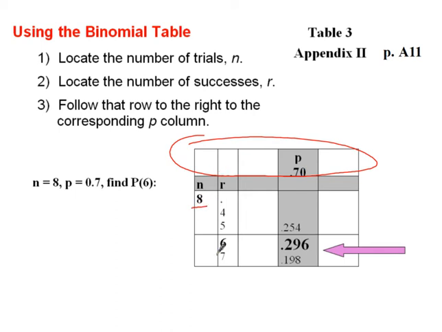Now there's going to be 9 of them because it's going to go from 0 successes, 1 success, 2, 3, 4, 5, 6, 7, and then finally 8. Okay, since we're looking for r equal to 6, under the 0.7 column, look that up, and there's the 0.29 that we would have got with our formula.